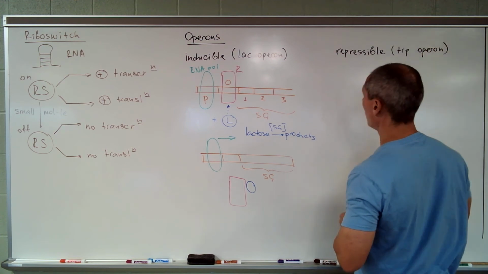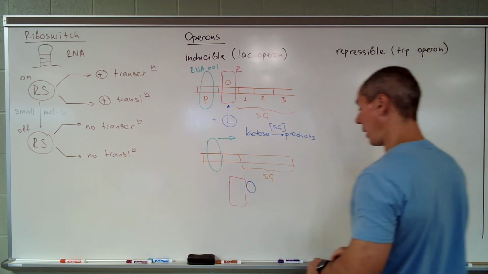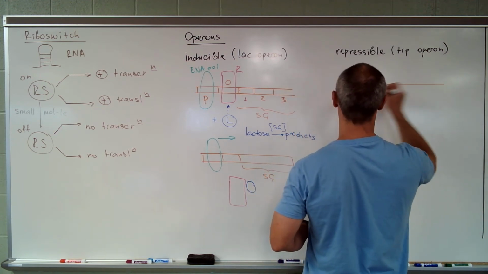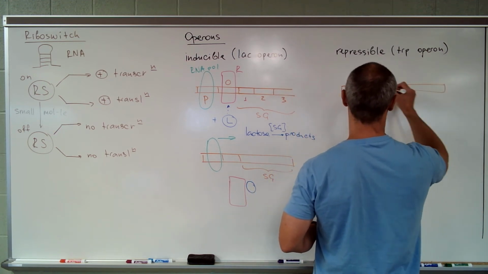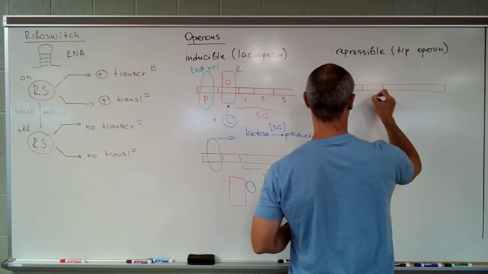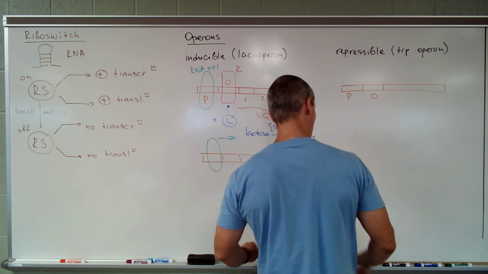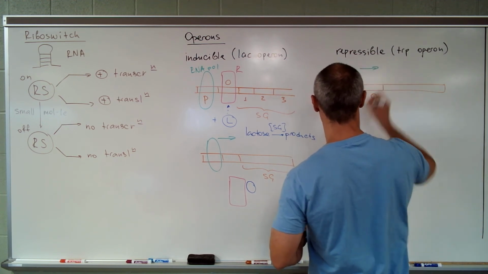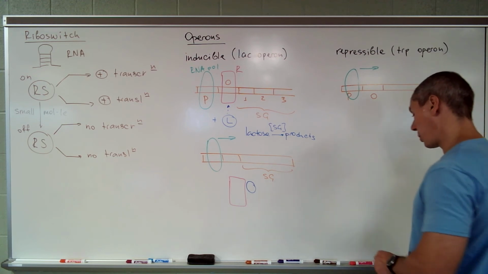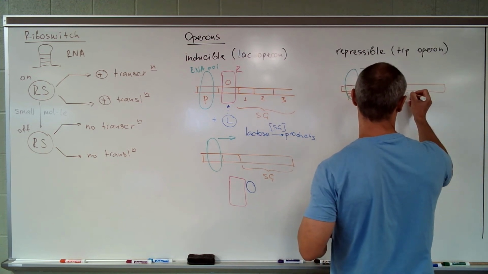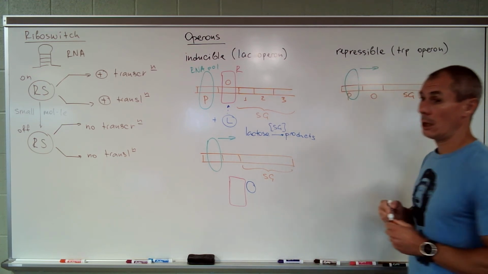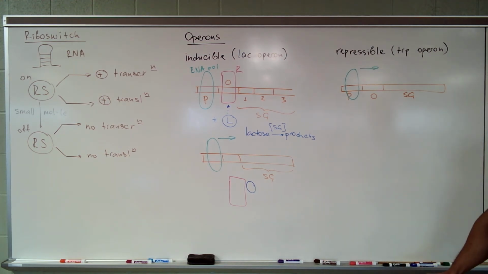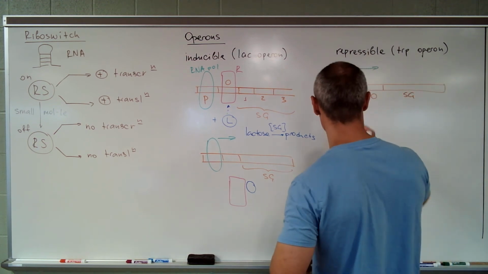So in a repressible operon, we start with the situation when you have promoter, operator, and RNA polymerase that binds to the promoter and proceeds with the transcription of the structural genes. Now, is there a repressor? The answer is yes, absolutely. There is a repressor. It hangs out here.